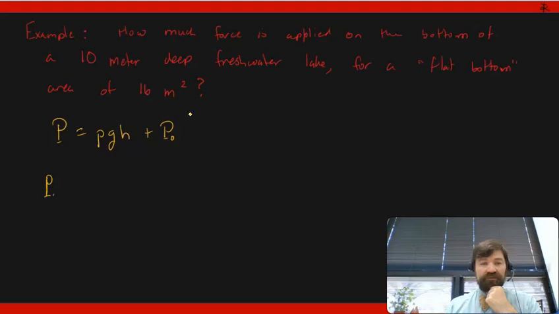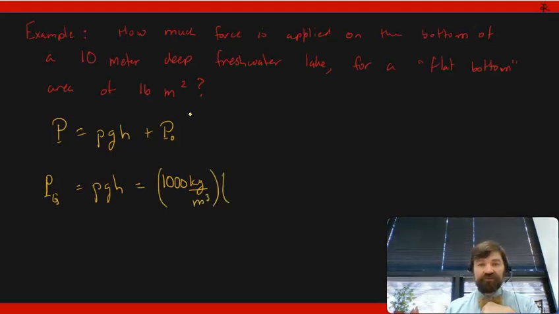P gauge is equal to rho GH, which is 1 gram per cubic centimeter, but that is 1,000 kilograms per cubic meter. That's the density of fresh water, times G, which is 9.8 meters per second squared, or newtons per kilogram, times H, which is the depth of 10 meters.